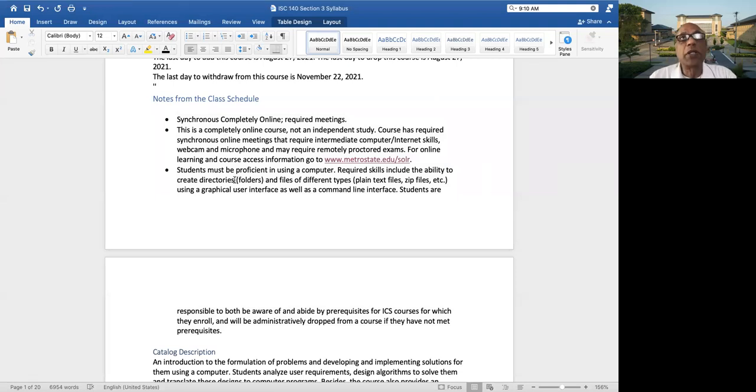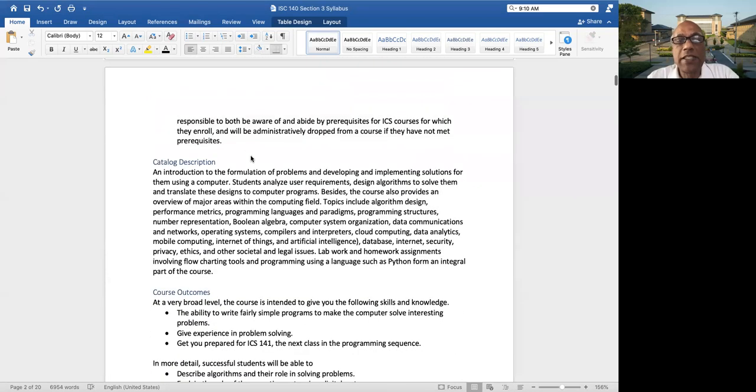You must have a webcam, and you must have the video and audio turned on during the meeting, except when recording is in progress. That is the first thing.